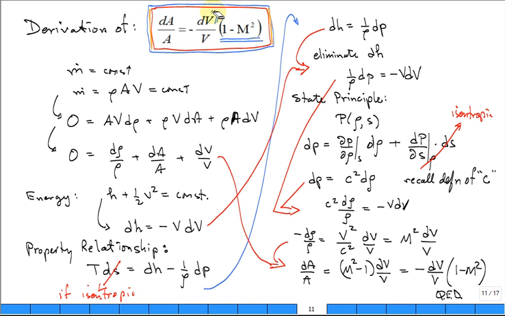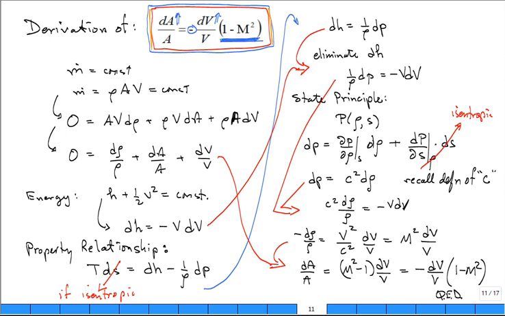All right. If Mach is greater than 1, this term right here is what? 1 minus 1.5 squared. It's a negative. It switches the sign such that if the area goes up, the speed goes up.